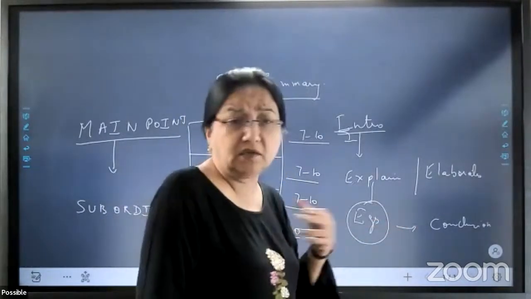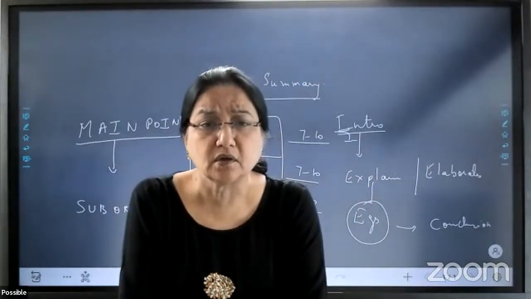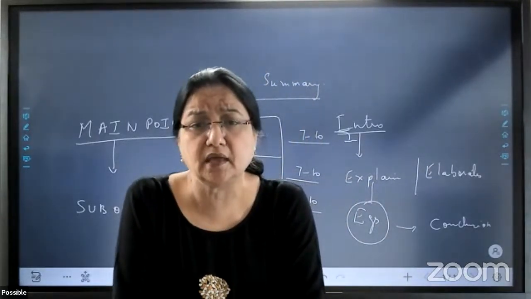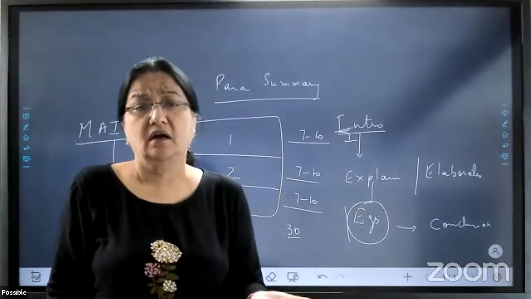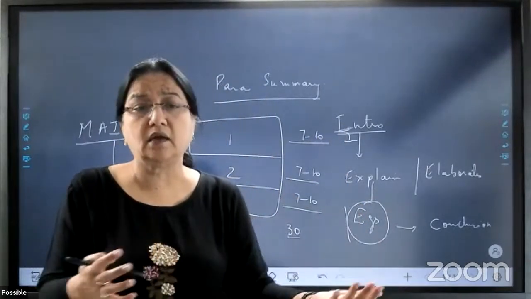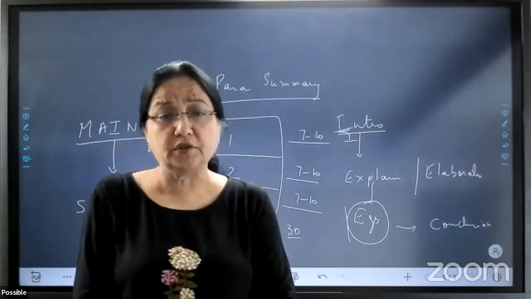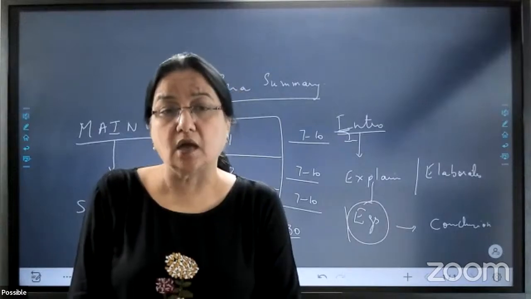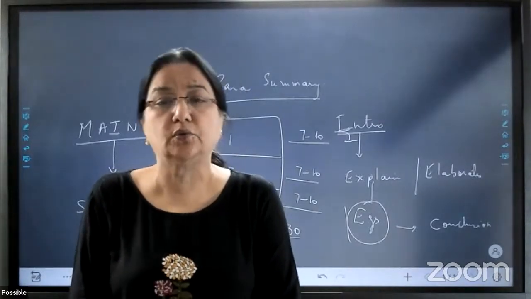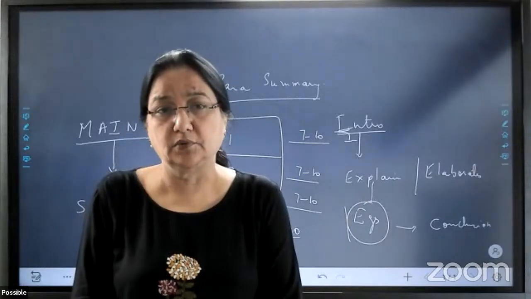He just starts with the conclusion and then comes to the explanation of that conclusion. Or he starts with an example and then comes to the main point. So these 3-4 things can change their positions. There might be no intro; the author starts with examples, then goes on to elaborate or explain them, and finally comes down to the main point.